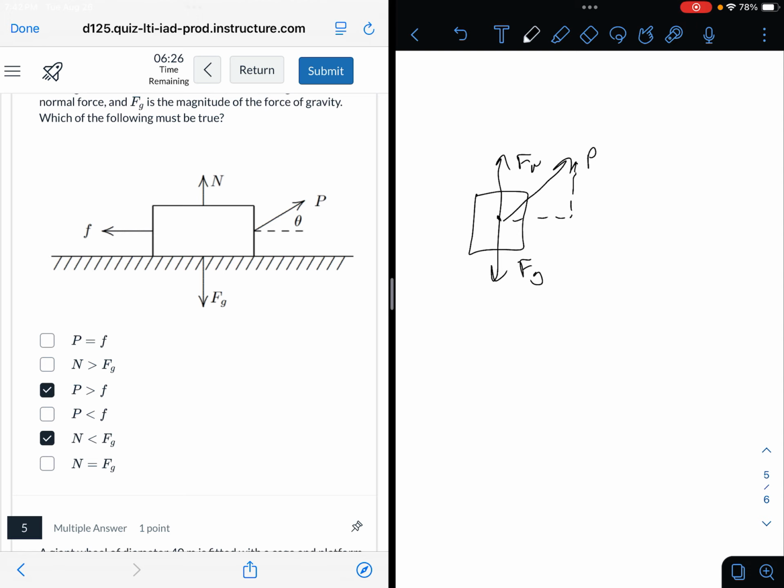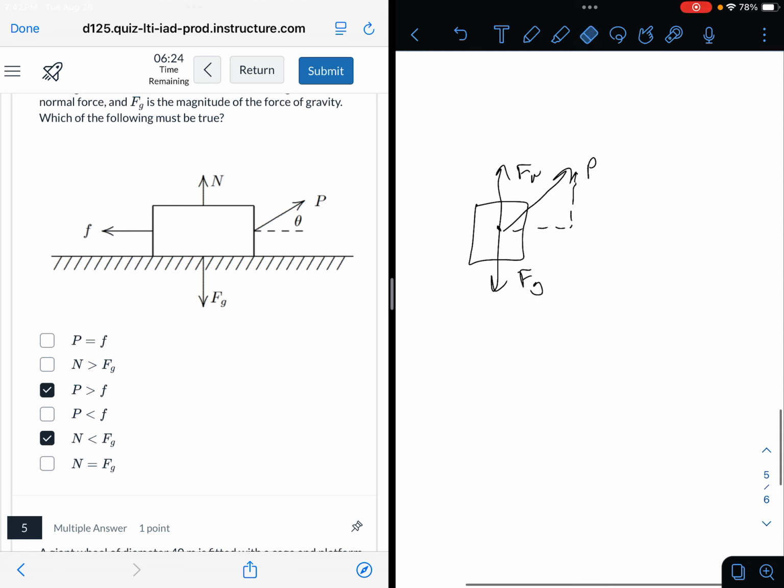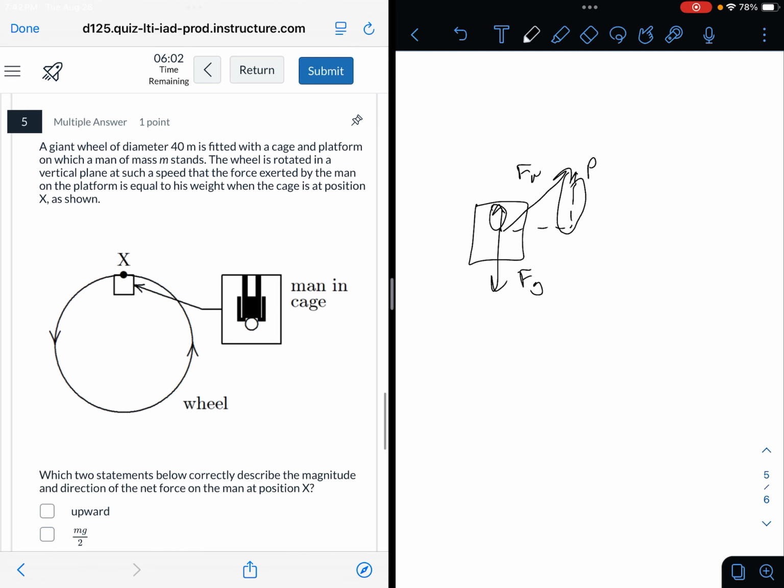So if you have more force opposing Fg, your Fn actually gets smaller, right? Because this plus the upward force will actually equal the weight. If you get rid of that pull force, Fn goes up because it's the only thing keeping this block up. So I think everything else would be false based off what I just said.